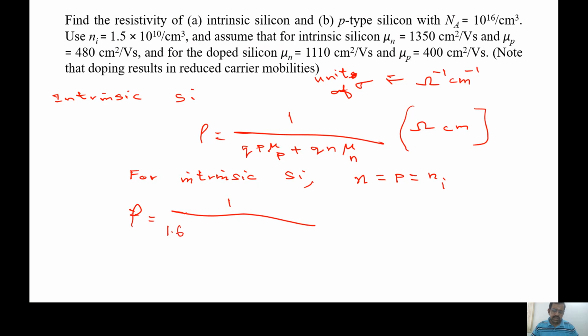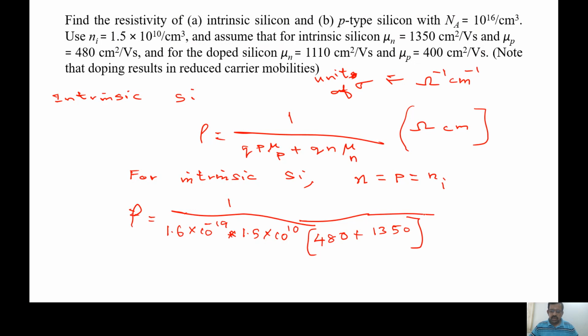So it becomes 1.6 into 10 power minus 19 for the charge of the hole and electron, and therefore Q can also be taken out, and then I have 1.5 into 10 power 10, and this will become the sum of mu p plus mu n, that is equivalent to 480 plus 1350.